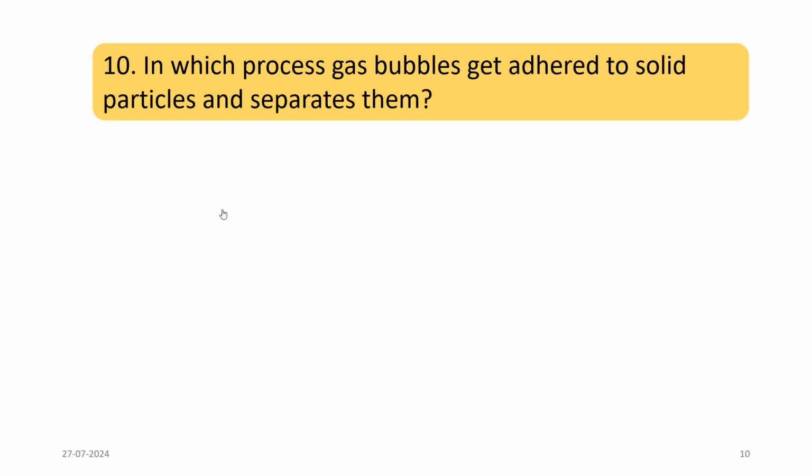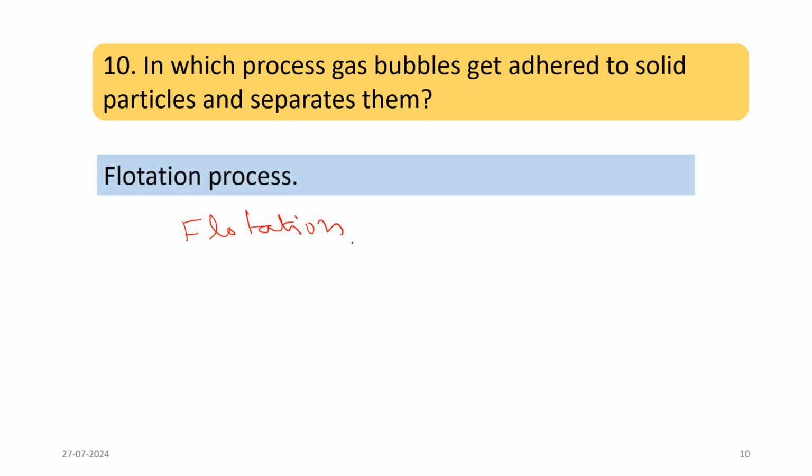Fluidization process. No, fluidization. In fluidization, we have to pass the gas through. Here the gas bubbles are not generated by mixing, but we are sending gas. But it is the flotation. So the particles which may be suspended will float out of the system because of the adhesion with the gas bubbles. This is the flotation process.